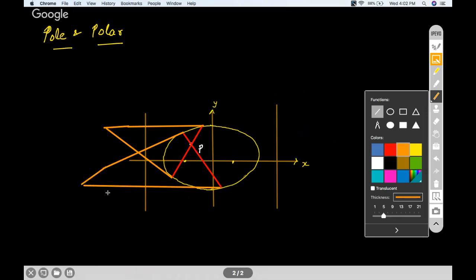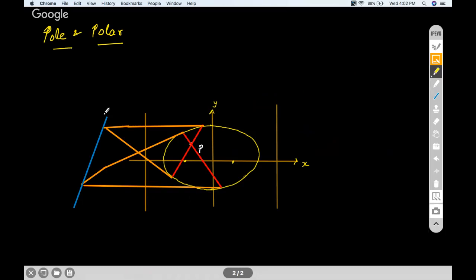These tangents will meet on a line which we call the polar. As you can see, they meet on this line, and this line is called the polar of this pole. So this point is called the pole.